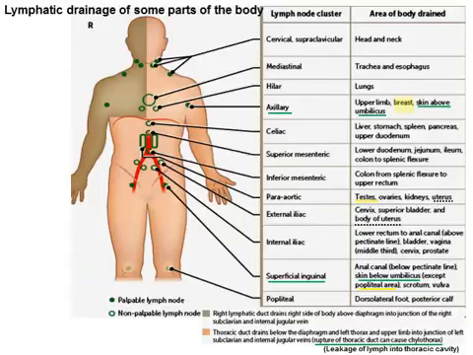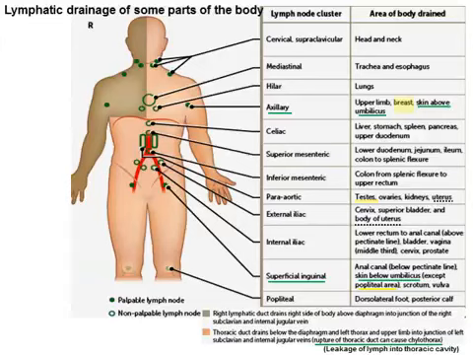The superficial inguinal lymph nodes receive the lymphatic drainage from the anal canal below the level of the pectinate line, and also from the area of the skin below the umbilicus except the popliteal area, and also the scrotum and vulva, and this is very important.